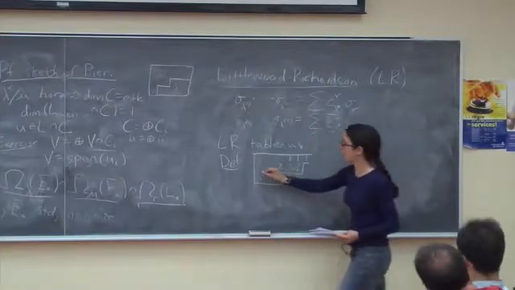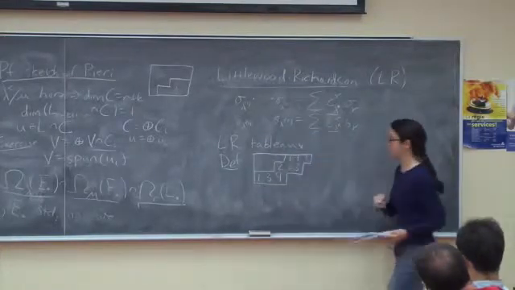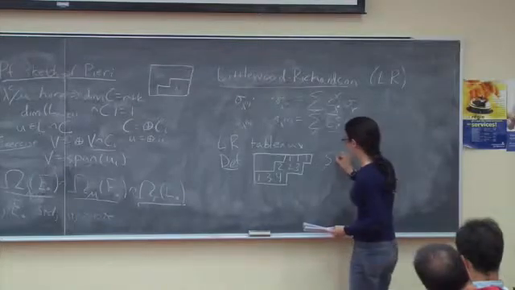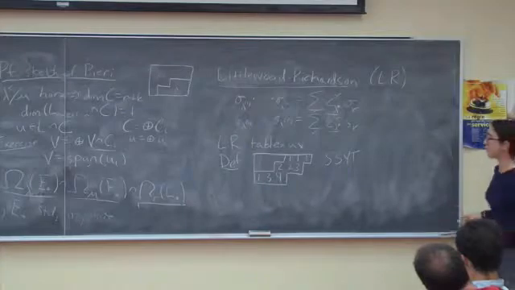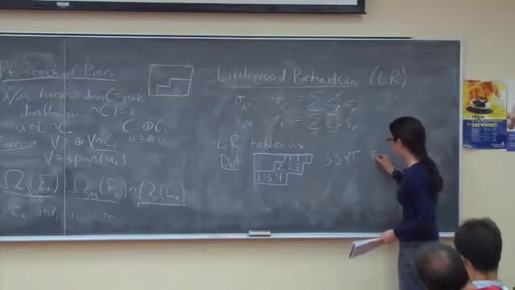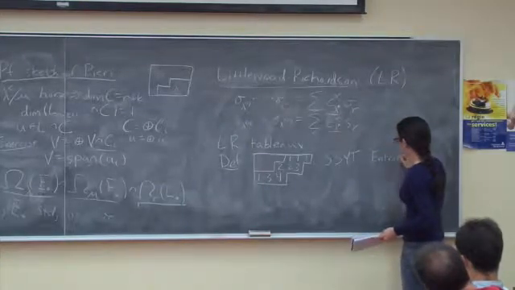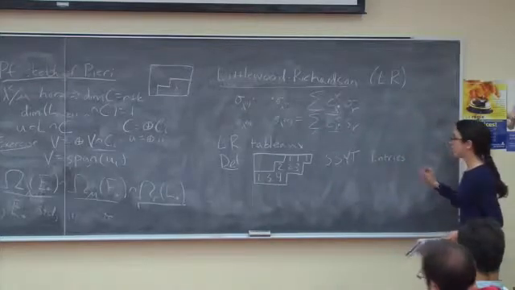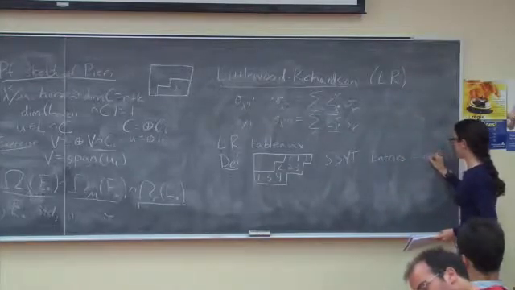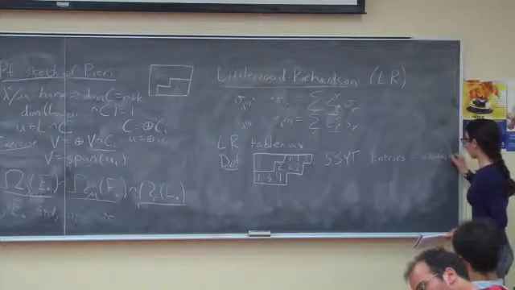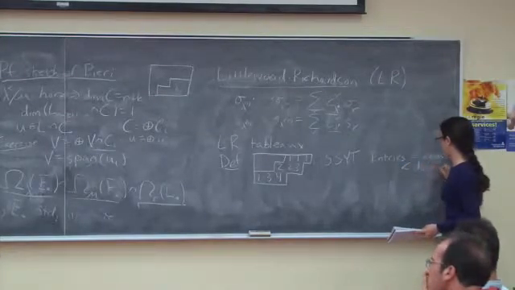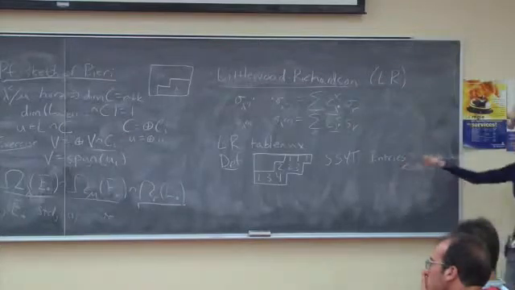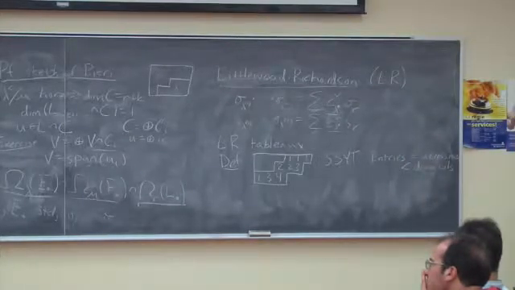Here's a skew tableau in English notation. It's semi-standard (SSYT is semi-standard Young tableau) if the entries are weakly increasing across rows and strictly increasing down columns.